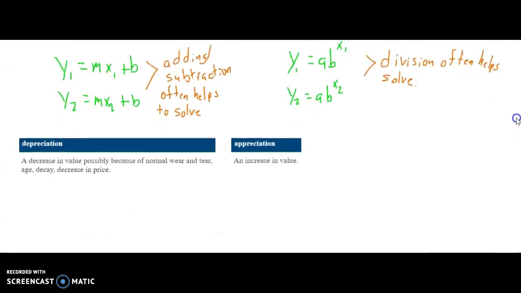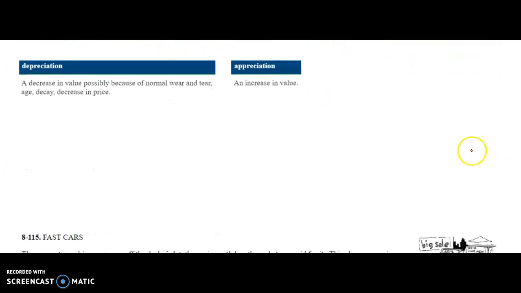A couple of key words that this lesson introduces are depreciation, or a decrease in value, possibly because of normal wear and tear, age, decay, or decrease in price. And there's also appreciation, or an increase in value.